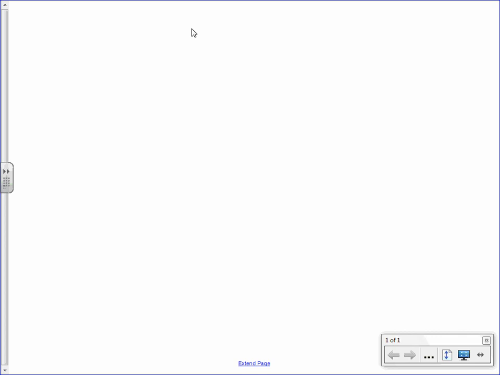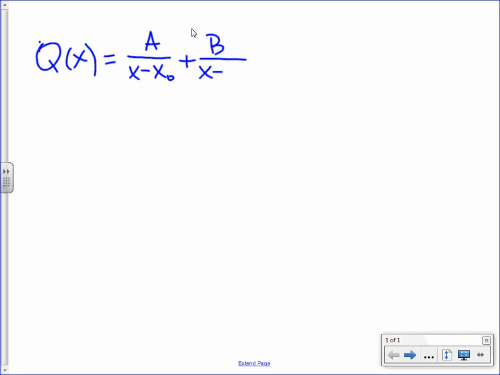So if we have a rational expression, then it can be written as the sum of fractions, where this is like A over x minus 1 plus B over x minus 17 plus C and so on, right?